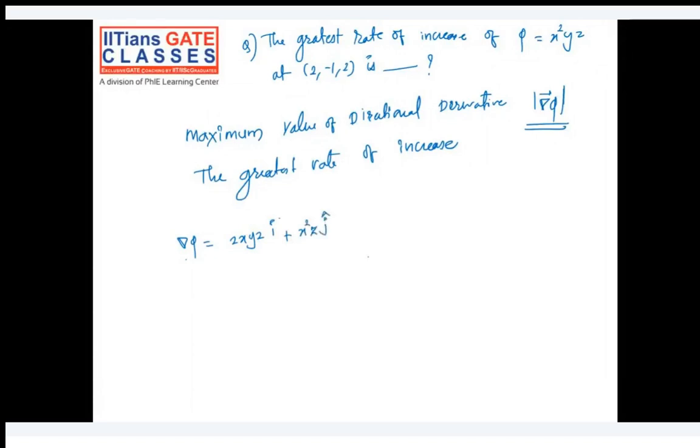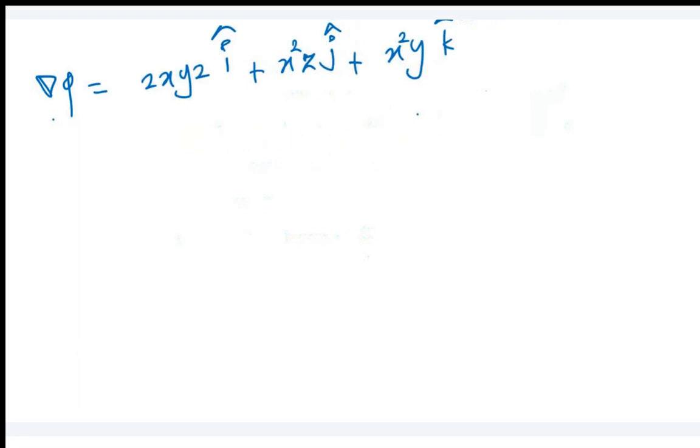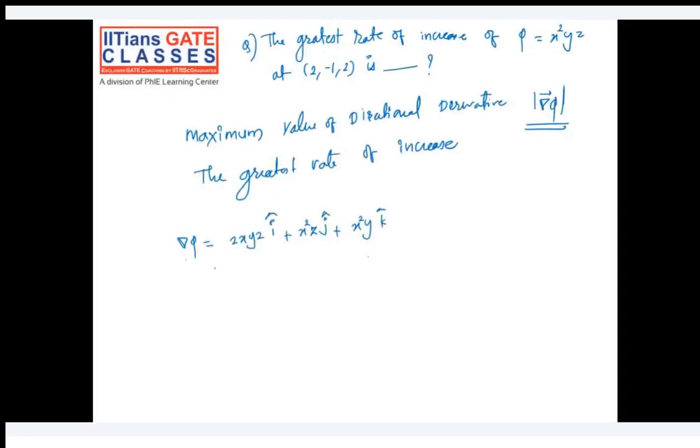If you calculate, it is minus 8i plus 8j minus 4k. And then mod of del phi will be equal to under root of 64 plus 64 plus 16. So it's under root of 144, which is 12.